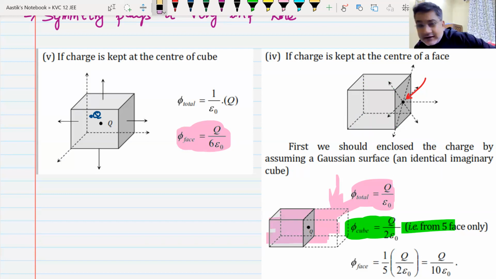Now remember, there are 6 faces of this cube. On the center of one of these faces, as in the diagram, the charge is placed. So the flux through this face is going to be how much?